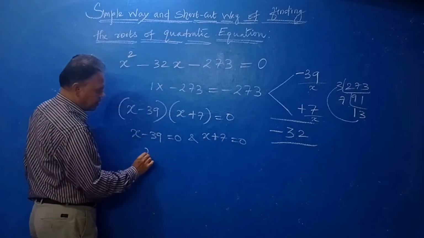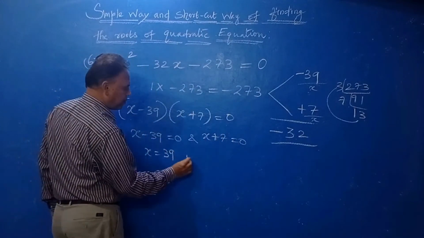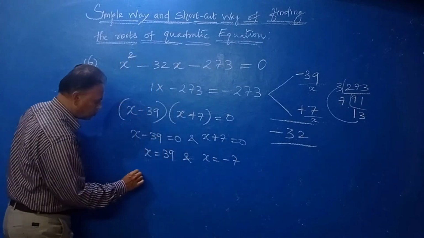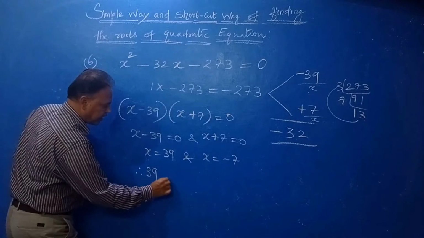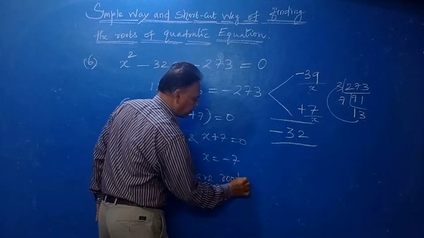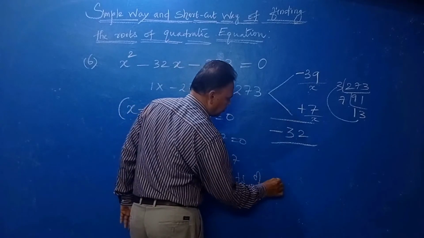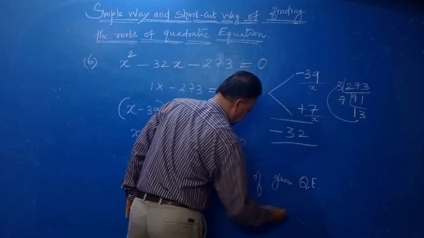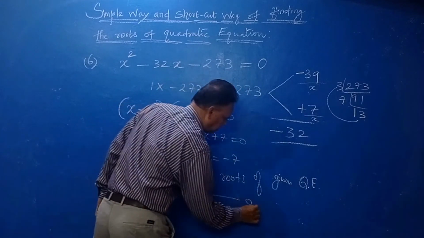So x = 39 and x = −7 are the roots. Therefore 39 and −7 are the roots of the given quadratic equation.